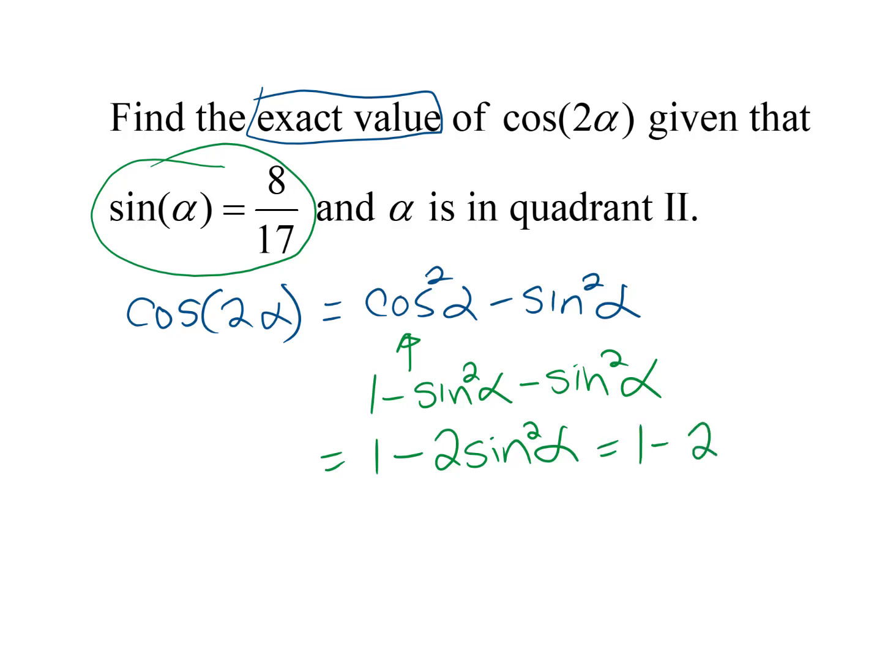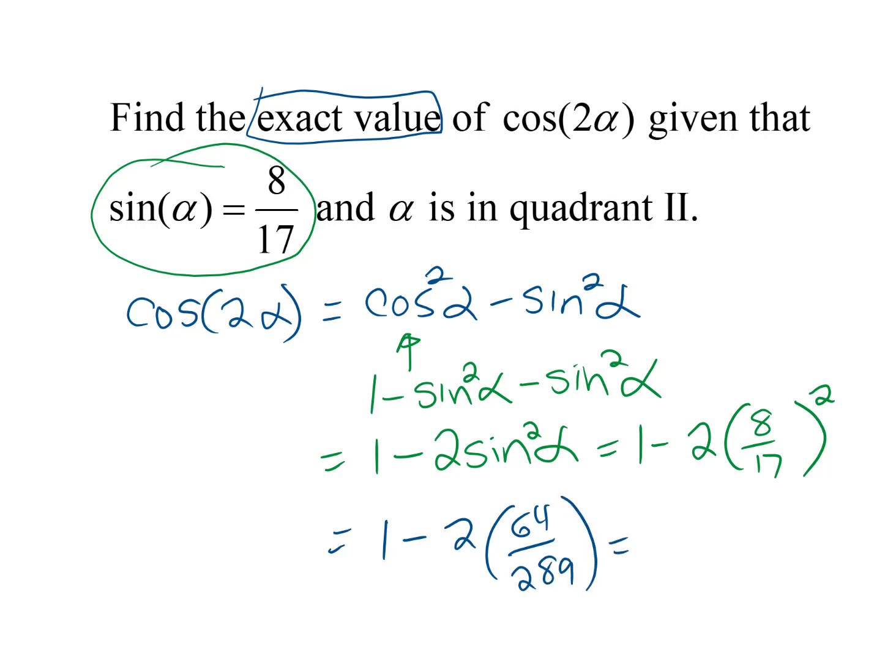And so we can take 1 minus 2 and we can replace the sine alpha, and we'll put a squared on it, with 8/17. And now we just need to simplify, and we've got it. So that's going to be 1 minus 2. And so if we square 8, that's 64 over, if we square 17, that's 289.